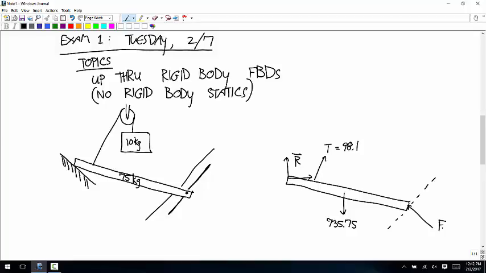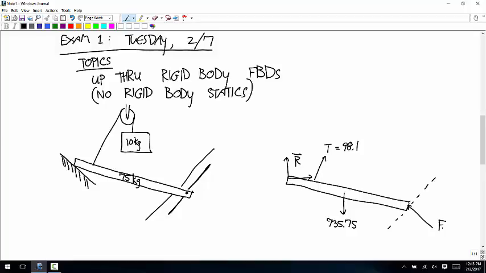There is one thing that maybe this is what you're thinking about. I'll talk about this more later, but if you have any member that only has two force vectors applied to it, then those two force vectors have to be equal and opposite, and they both have to be parallel to the line between where the forces are applied.